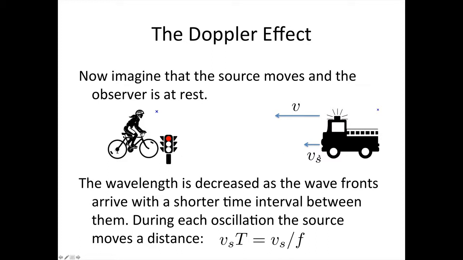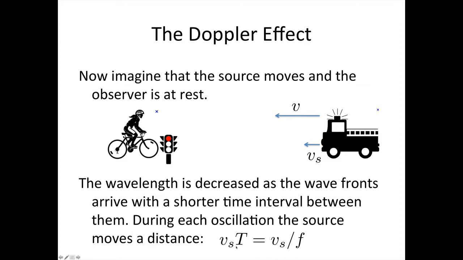Now, as you've seen in this scenario, when the fire truck emits a sound wave, it travels a distance so that it's getting closer to the sound waves once it has emitted them. And as a result, the wavelength actually decreases.